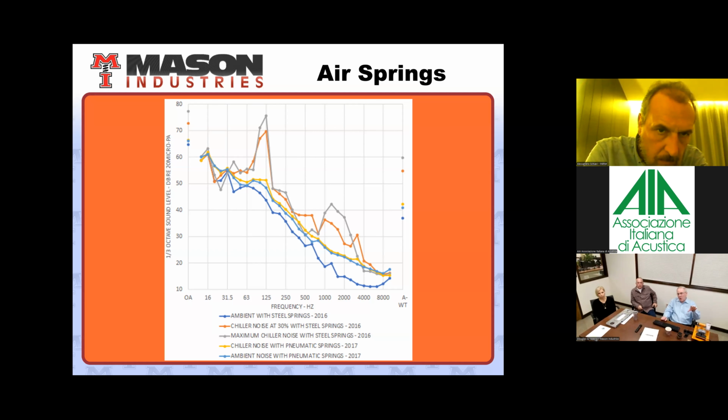And these are all the noise levels taken in the space below that chiller. And the gold line is the noise with the chiller operating at 100% capacity on air springs. You can see it's a tremendous noise reduction, almost 25 decibels. We have tremendous success with air springs. If you have anything that's extremely acoustically sensitive, air springs are the way to go.